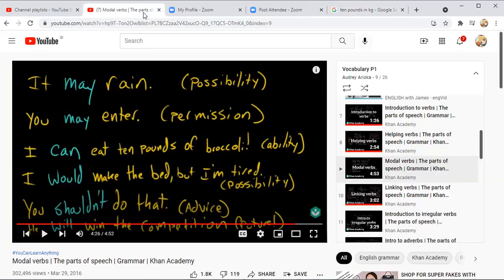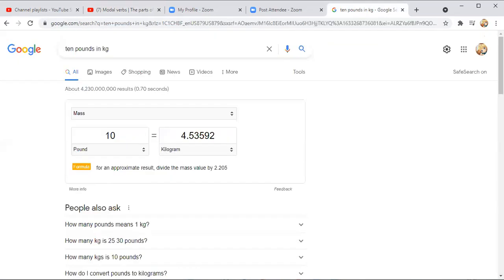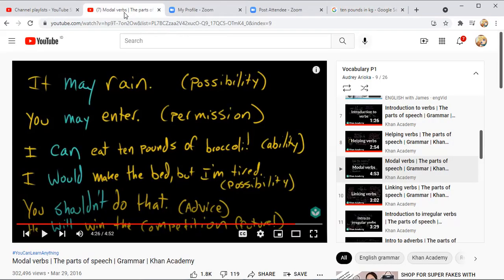Okay, so this person says that he or she can eat like 4.5 kilogram broccoli. Like, I can't. I mean, I eat vegetables, but I don't love them that much that I will eat 4 kilograms of broccoli, okay? No way.